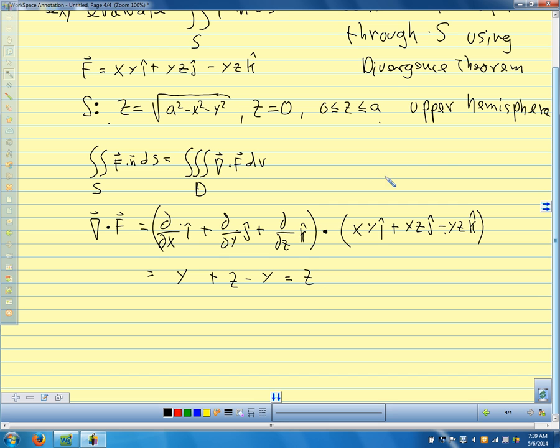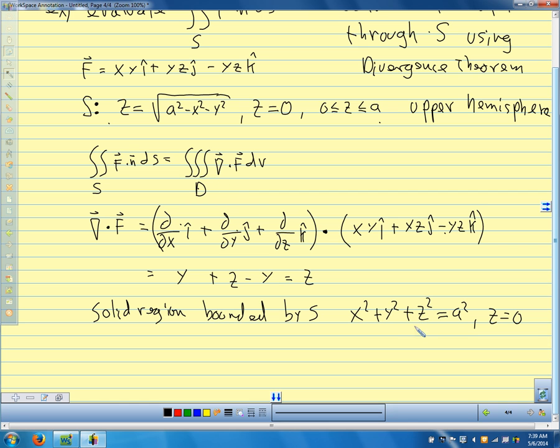Our solid region bounded by S is our sphere, x squared plus y squared plus z squared equals a squared, and we're bounded below by z equals 0. So what does this tell us we're going to do for our triple integral?